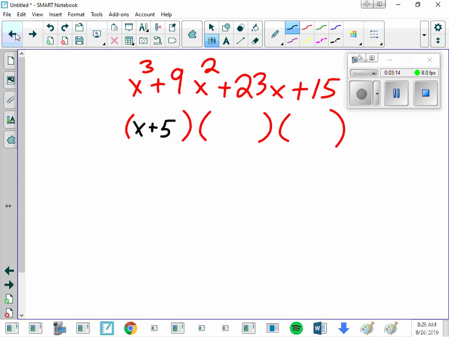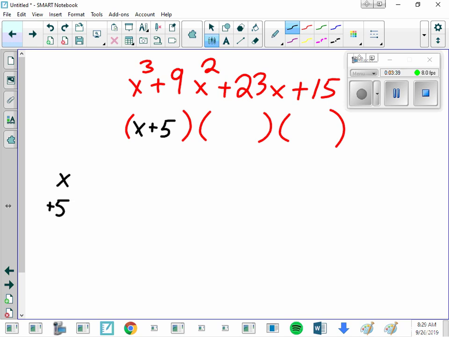Okay, so I know x plus 5 is a factor, which means if I divide it, I will get remainder. What's the remainder when you divide a number by one of its factors? 0. Okay, so I'm going to put x plus 5 on the left.